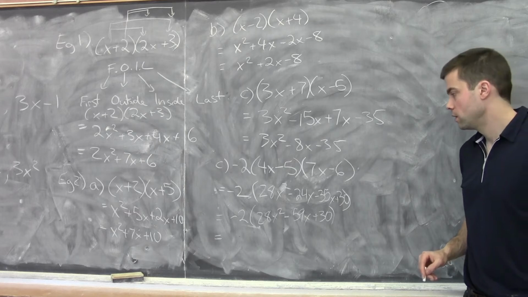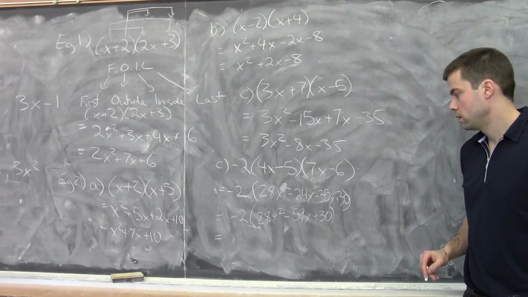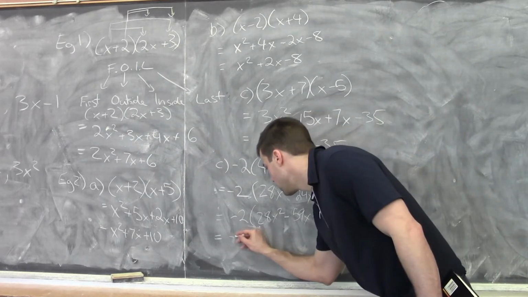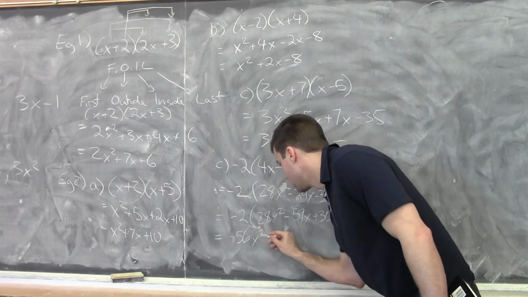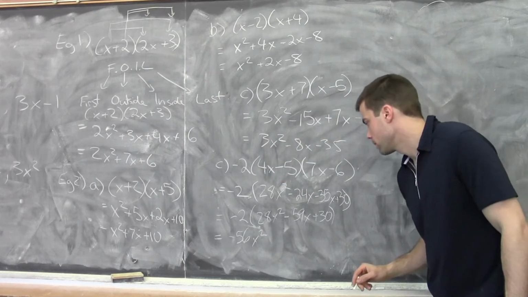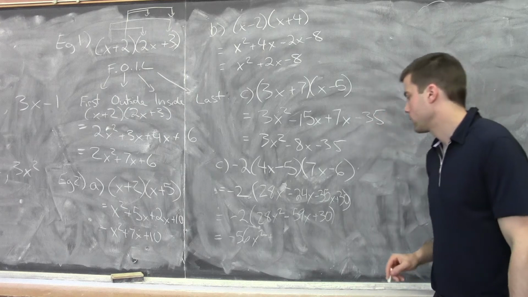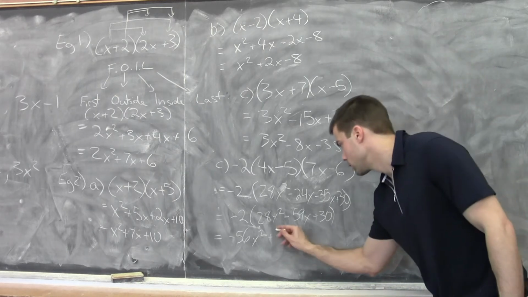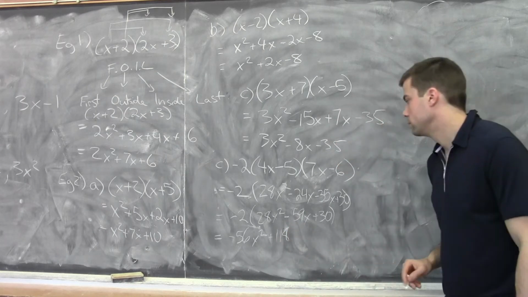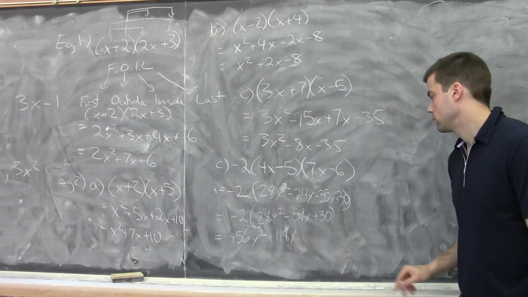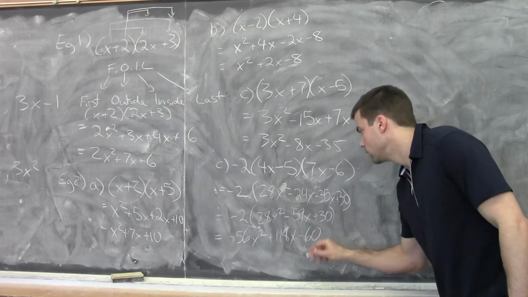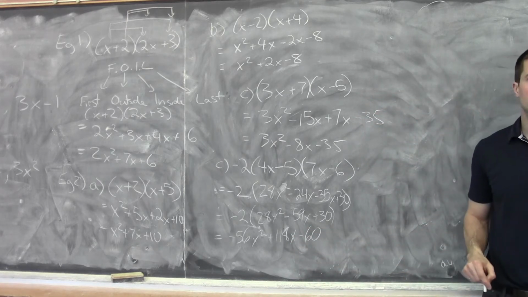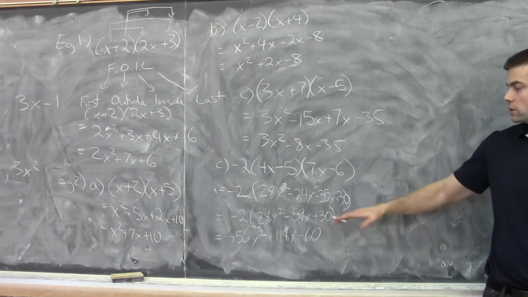So it would be negative 56x squared, positive 118x, and minus 60. Excellent. And you're done. Any questions on that one?